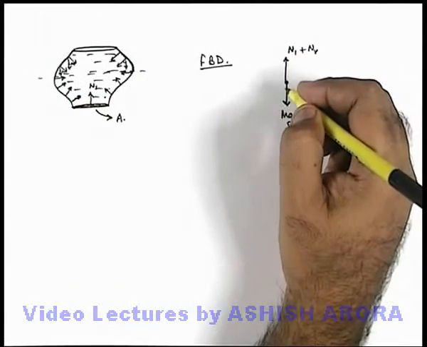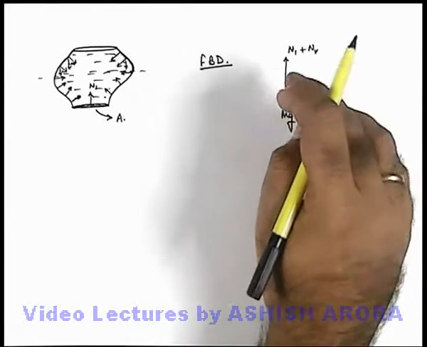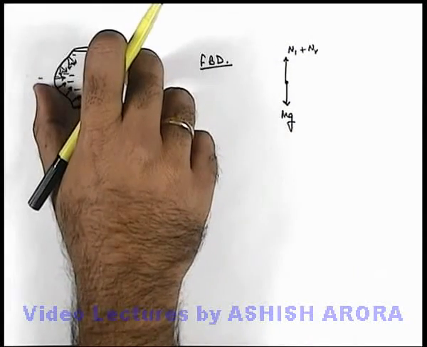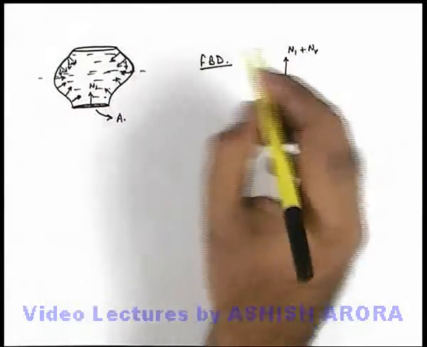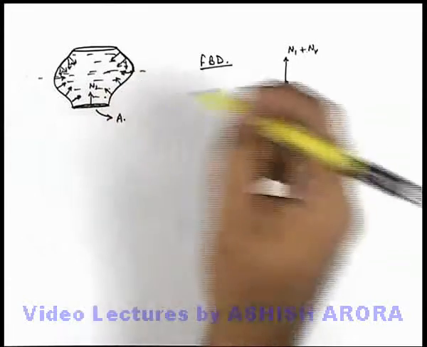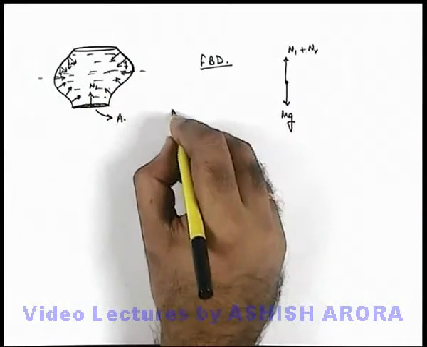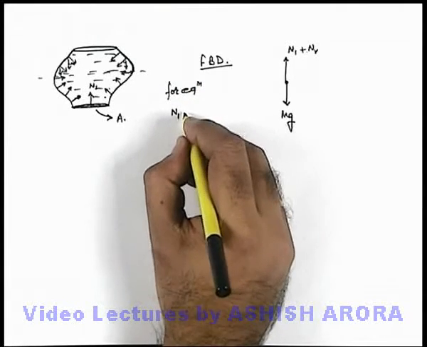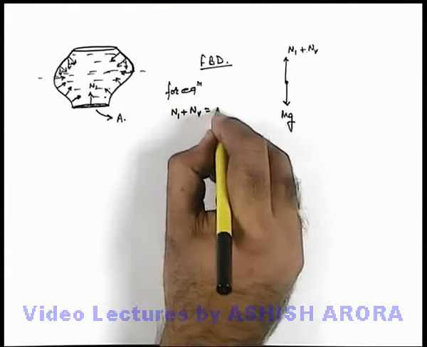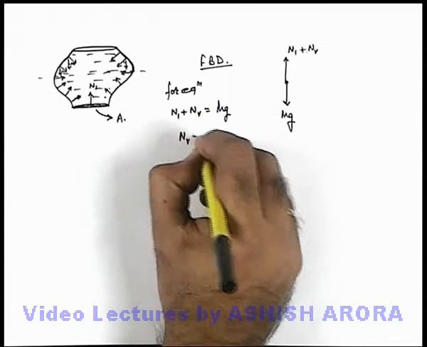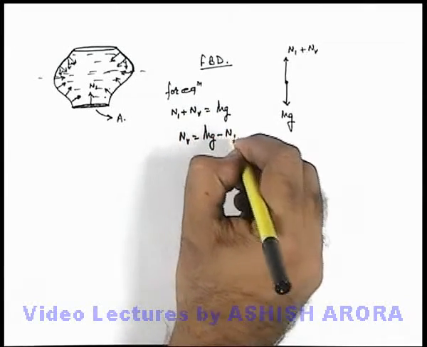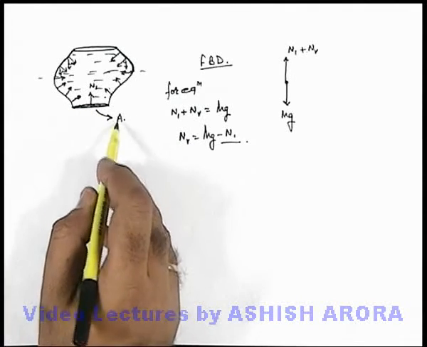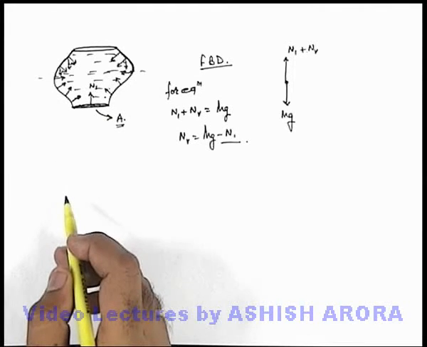But in some situations, if N1 is more than the weight of the fluid contained in the vessel, then NV will act in the downward direction for equilibrium. So for equilibrium of the fluid we always write the similar equation: N1 plus NV equals mg. So NV can be written as mg minus N1, and N1 can be calculated by multiplying the fluid pressure at the bottom with the total area of the bottom.